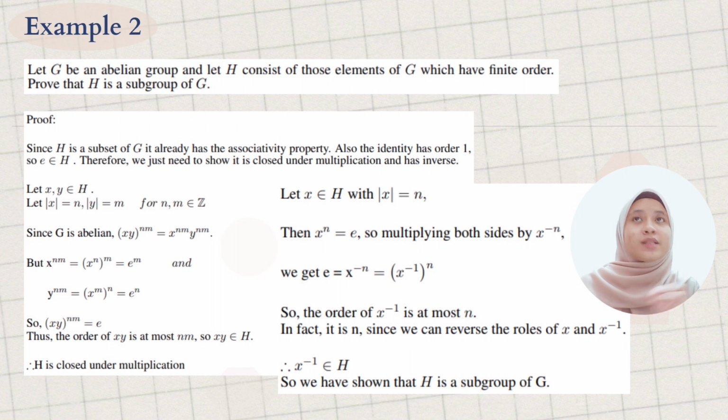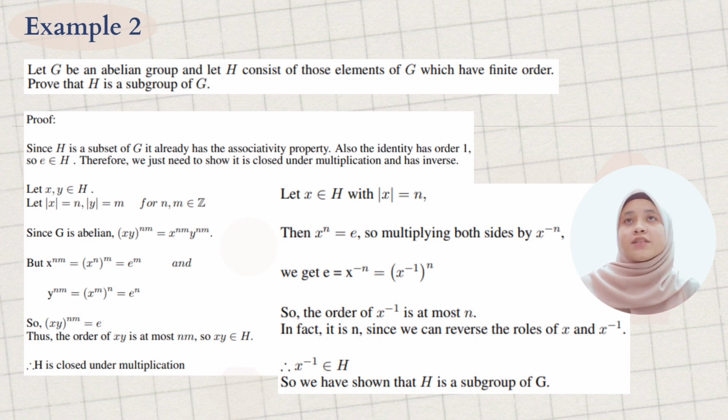Let x, y be in H. Let the order of x equal n and the order of y equal m, for n, m integers. Since G is abelian, (xy) to the power of nm equals x to the power of nm times y to the power of nm.